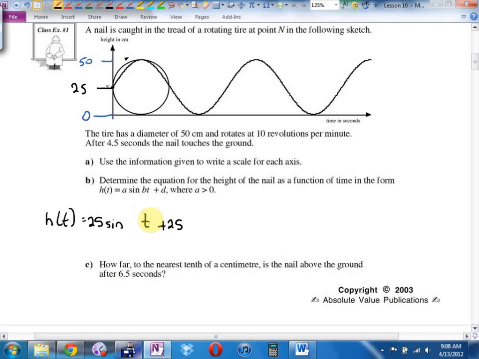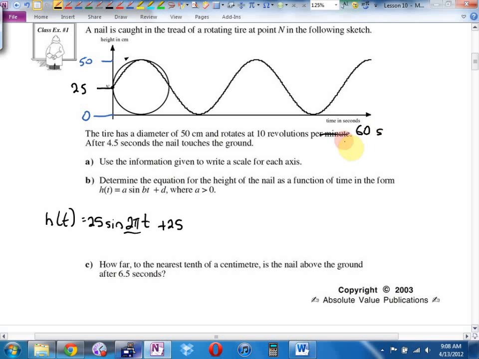The last thing I need to figure out is b, which is 2 pi over the period. Let's see. There's 2 ways I can figure this out. The first way is to say it rotates 10 times in 60 seconds.